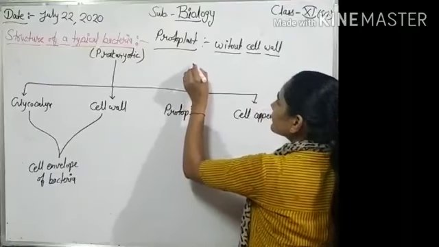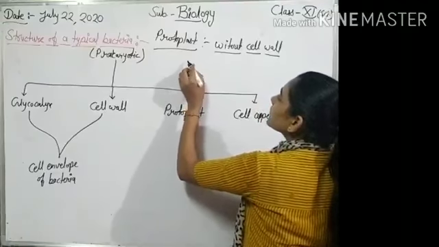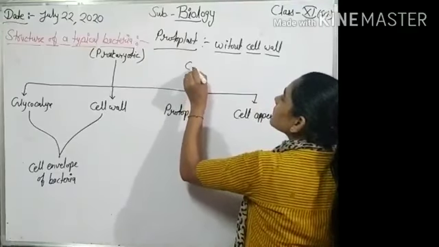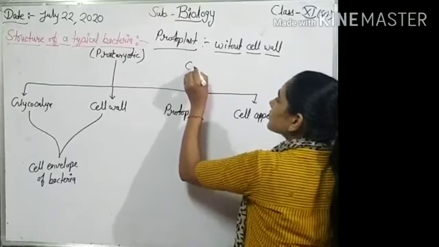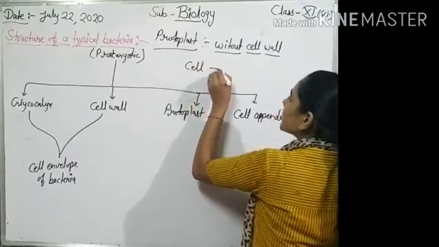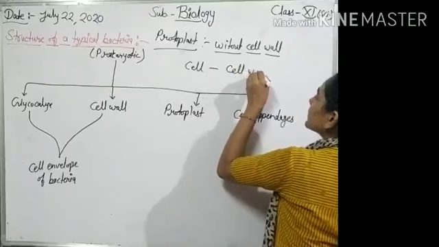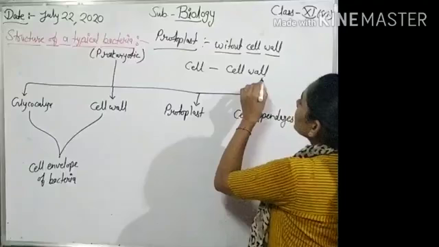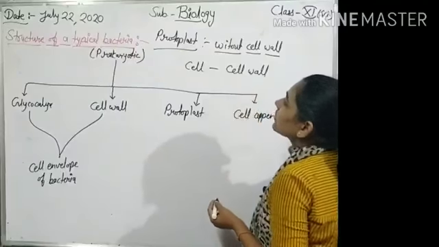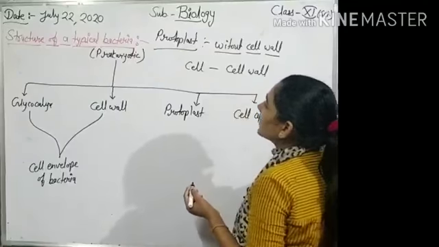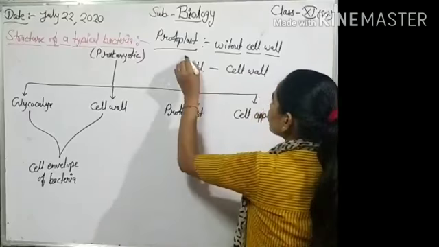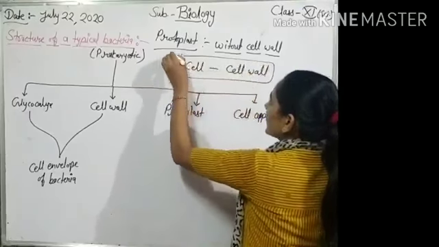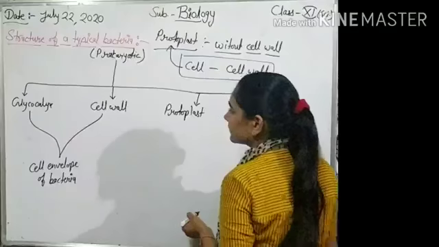It means cell minus cell wall. After removing the cell wall, the remaining portion of the cell, meaning the plasma membrane and cytoplasmic contents, is known as protoplast.